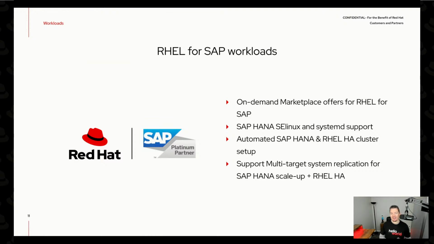So they had a big press release earlier in the year, and we've partnered with them quite heavily. And so for RHEL 9.3, we've got on-demand marketplace offers for RHEL for SAP, which means you can go out to your favorite marketplace, most of them anyway, and deploy RHEL for SAP.